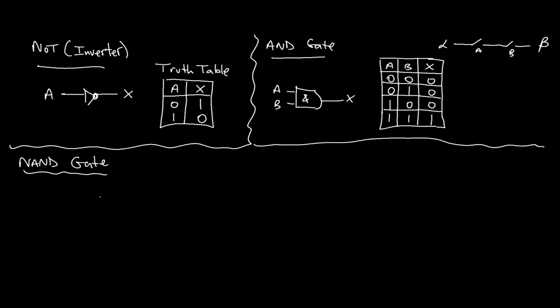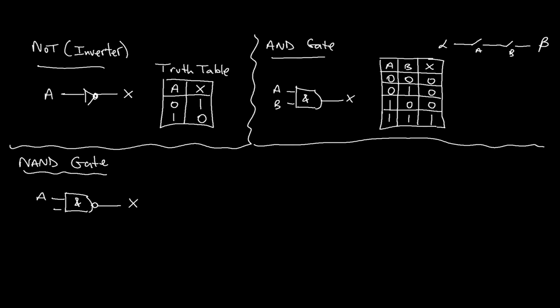Okay, symbol for our NAND gate. Well, we have the old AND gate symbol, and we put a little circle on the end there to indicate an inverter. Okay, and we could have the output, we can call it X.